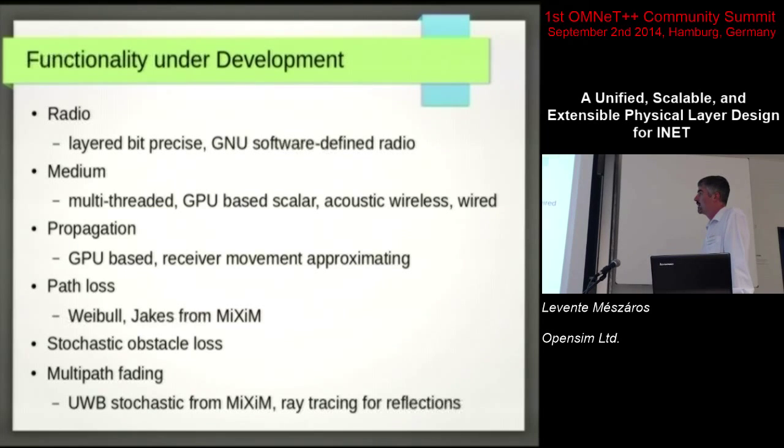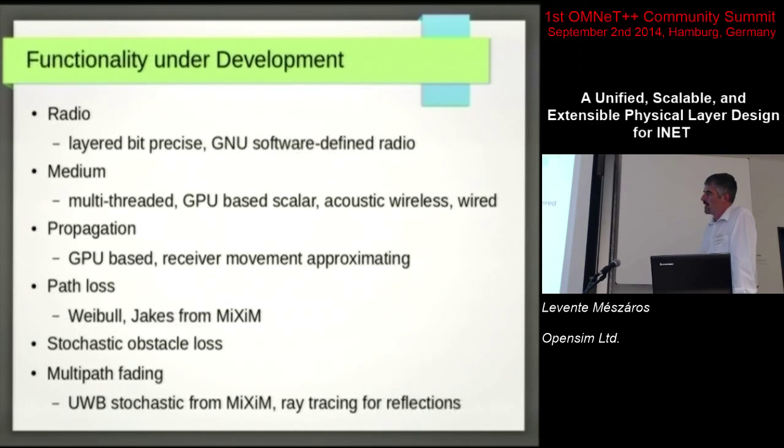And of course, the medium is almost generic enough to be used for wired mediums and also for acoustic wireless, for example, where the propagation speed and the speed of the mobility of the nodes are comparable. So you might need some receiver movement approximation during the transmission, because it's not like comparing the movement of a car to the speed of light.